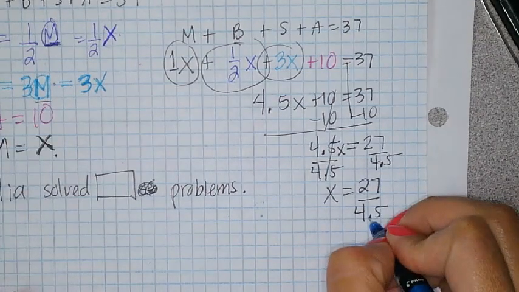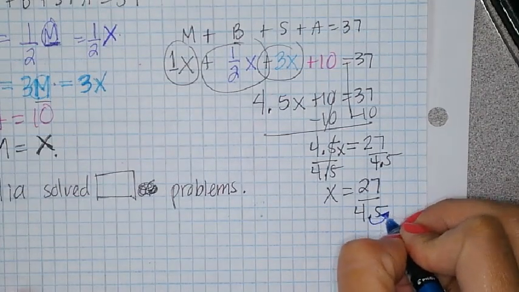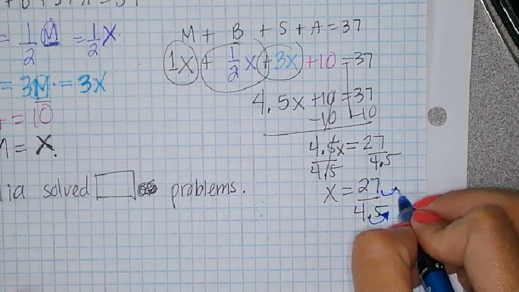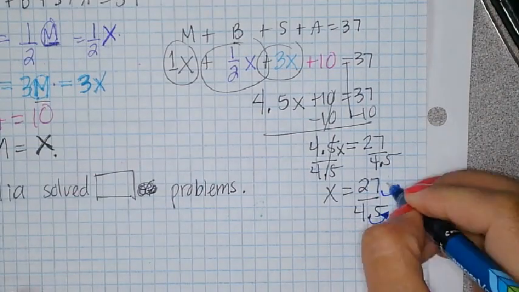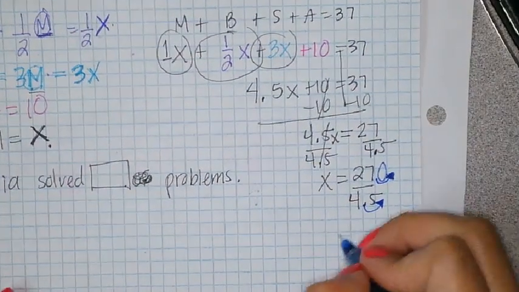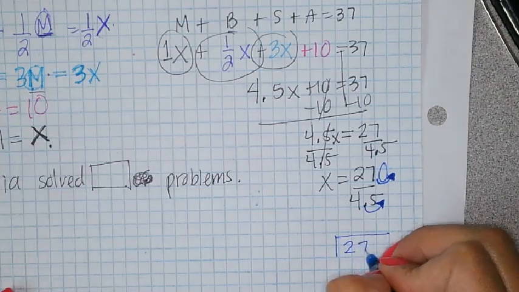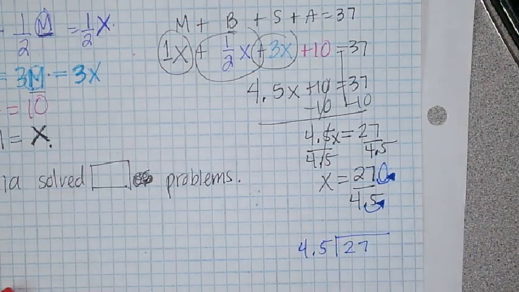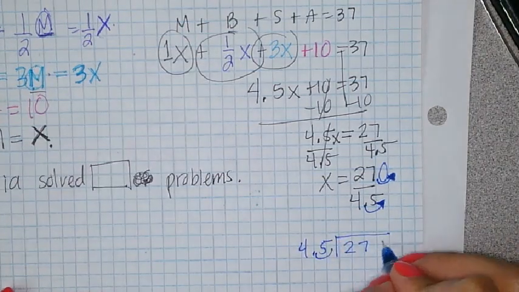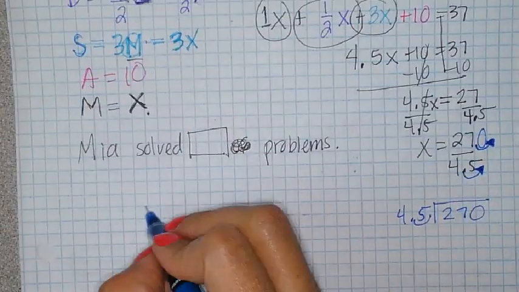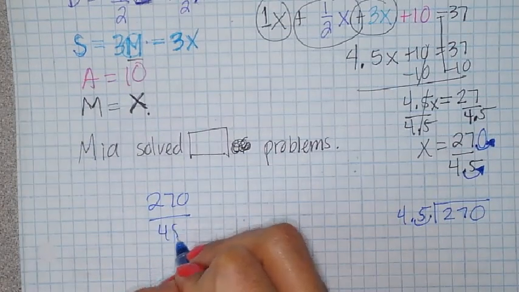So I'm going to move the point once, and I'll also do the same thing on the top so that it's as if I'm multiplying by 10. This is the same thing you would do if you do it right away over here, right? When you have 27 divided by 4.5, you would move the point once. So I'm doing the same thing but in fraction form. So I'll have 270 divided by 45.